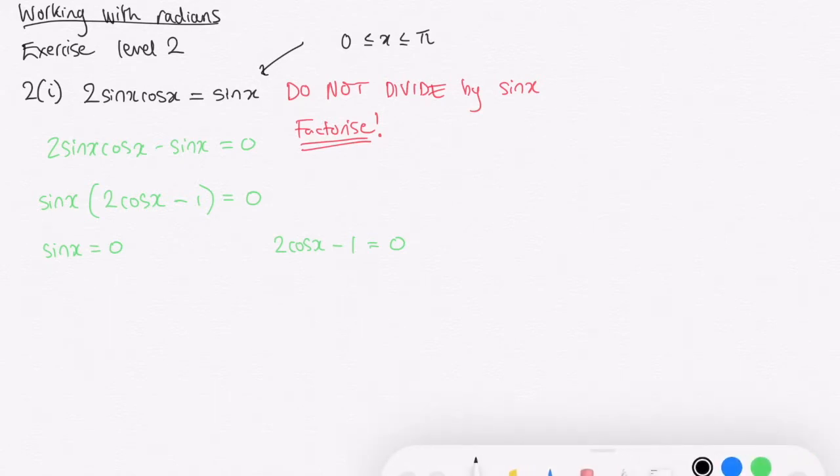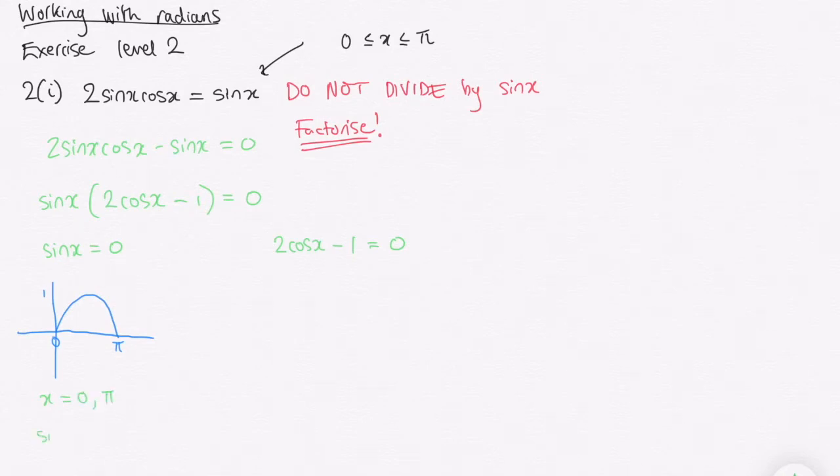So if we go about solving these, we're thinking about sine x equals 0. Let's draw our graph of sine between 0 and pi. Sine between 0 and pi just looks like this, with a maximum value of 1, 0 here, and pi here. So we can see straight away from the graph that x is either 0 or pi.